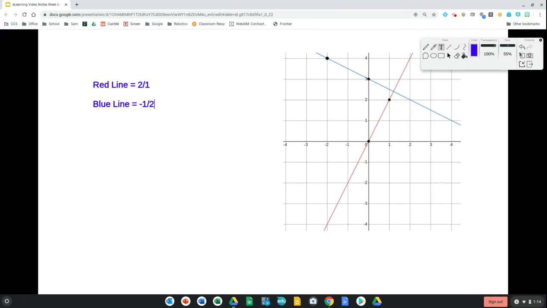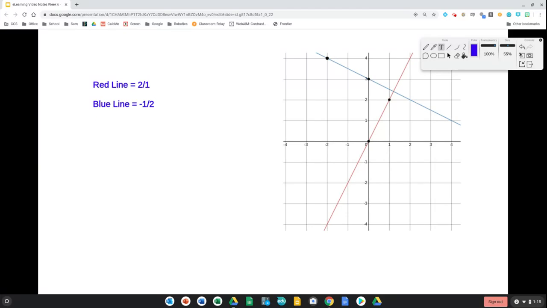Now, these are not the same numbers, obviously. They are connected, though. First of all, one is 2 over 1, and the other is 1 over 2. When we have numbers like that, we call them reciprocals of each other. When they're just flipped over, that's called a reciprocal. Perpendicular lines have reciprocal slopes, but also notice that they have opposite signs. The first one was positive, the second one was negative.